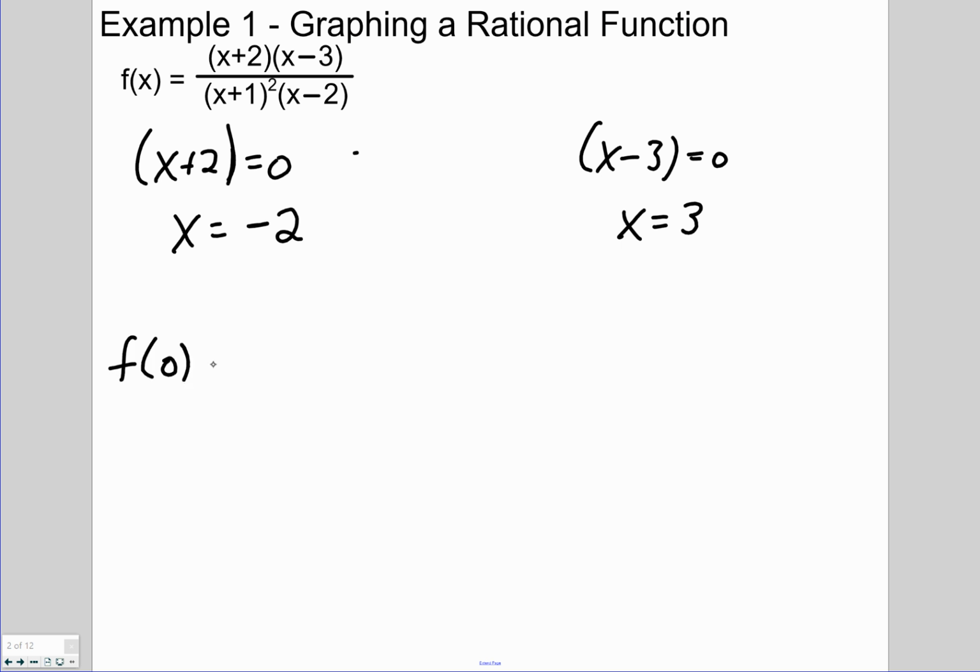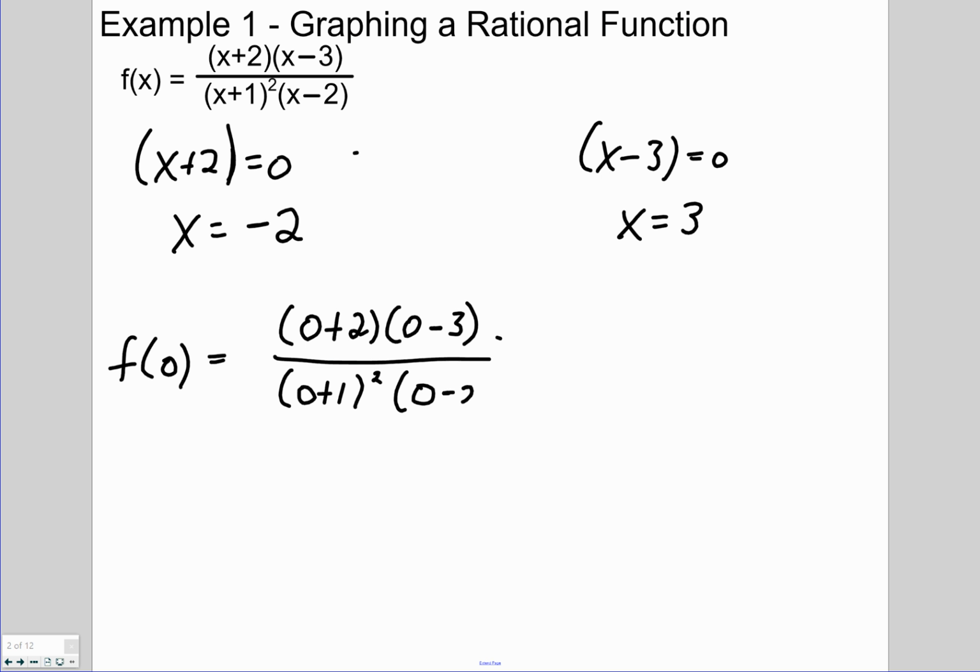For the y-intercept, you're going to plug in 0 for x. So we have 0 plus 2 times 0 minus 3 over 0 plus 1 squared times 0 minus 2. Remember your middle school days. The easiest way to find the y-intercept is to make x 0, always.